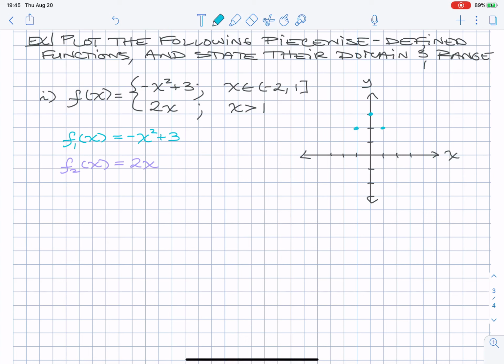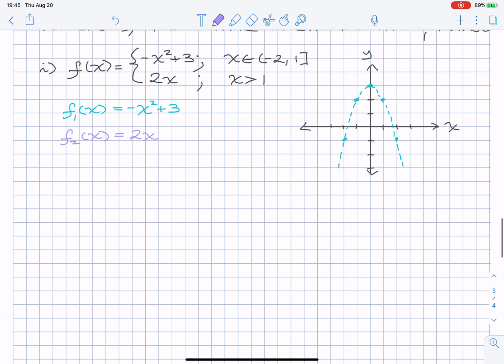You can always resort to plotting points. So it's an upside down parabola, but I'm not going to fill it in because I don't know what the domain is just yet. Then my next graph is 2x plus 0. So my y-intercept is 0, my slope is rise 2, run 1. That's going to look something like so.